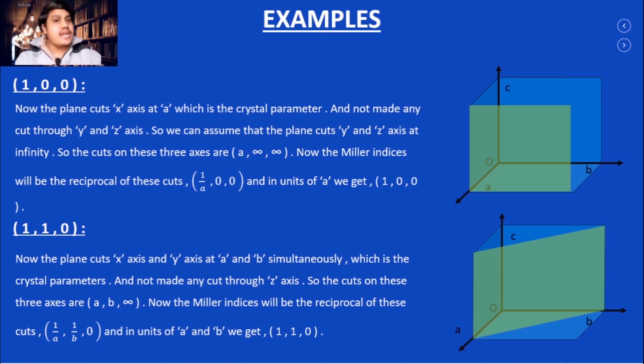So the cut points are A, B, and infinity. Now we take the reciprocal of them and the ratio of them, we get 1 by A is to 1 by B is to 0, and now in the unit of A and B, we'll get 1, 1, and 0. So this is the Miller indices of the plane.